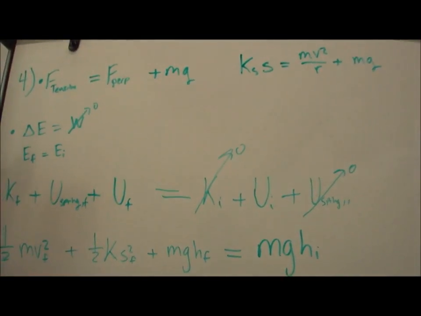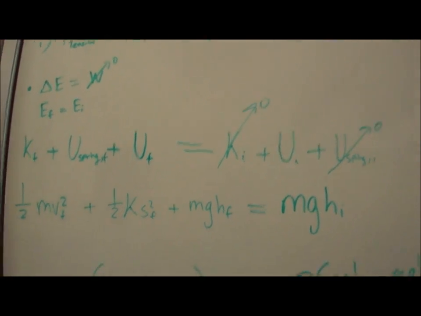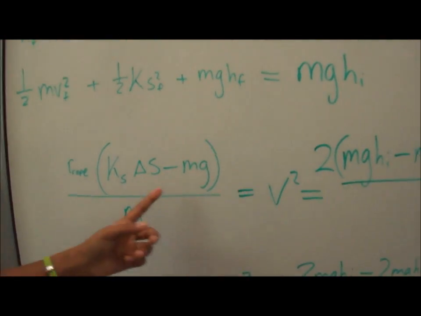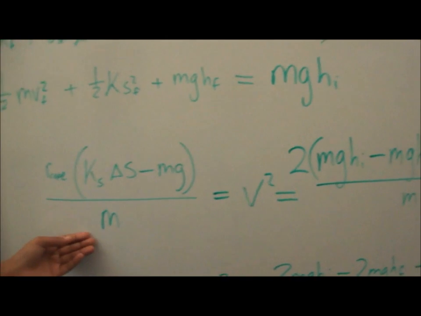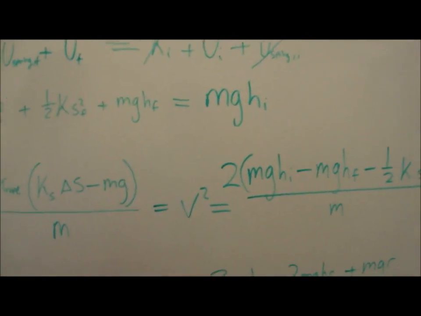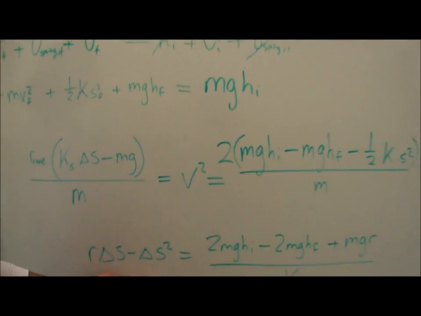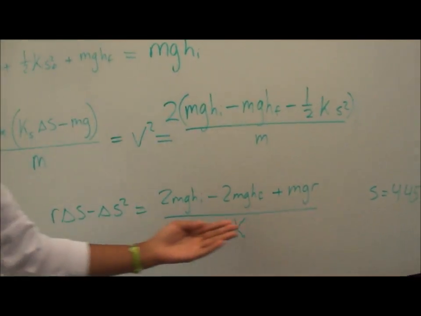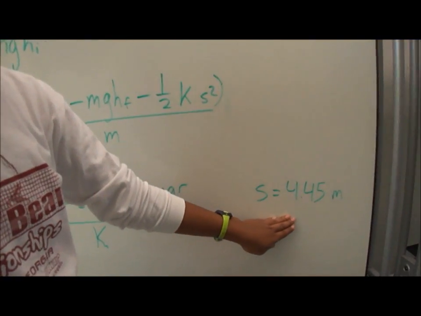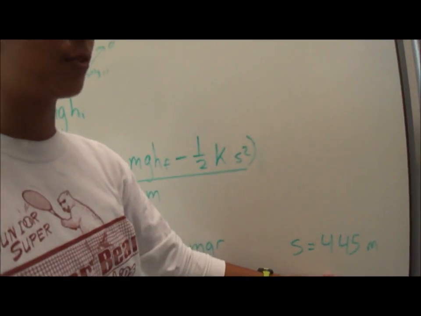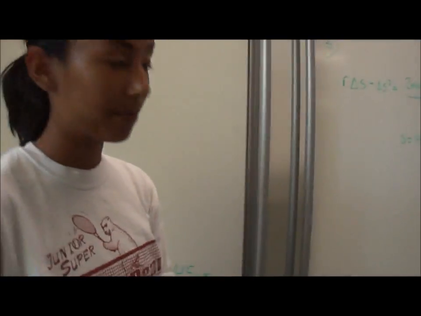So I used velocity squared as a common variable and set the two equations equal to each other. Once I got the stretch to one side, I got 4.45 meters for the stretch of the rope at the bottom.